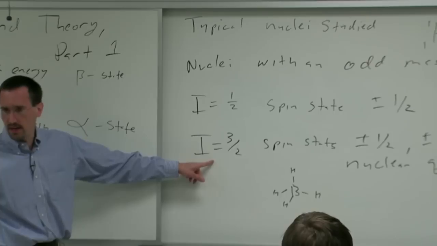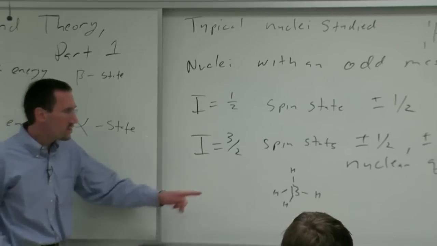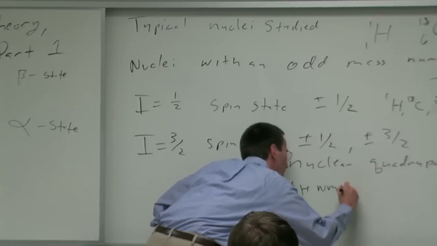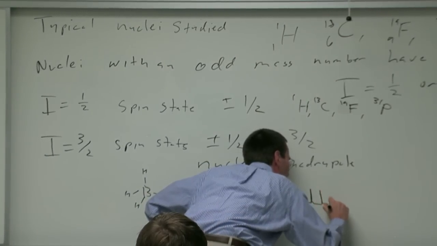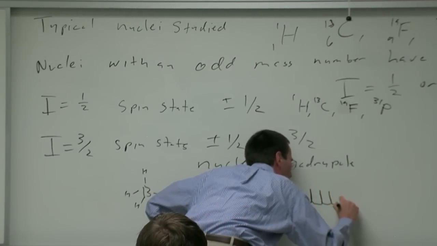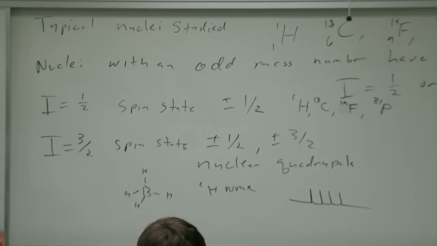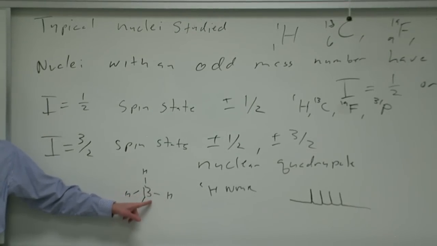And if you look at the NMR spectrum of borohydride, what you see in the H1 NMR is you see 4 lines equally spaced and of equal height due to the hydrogens coupling with the nuclear quadrupole.